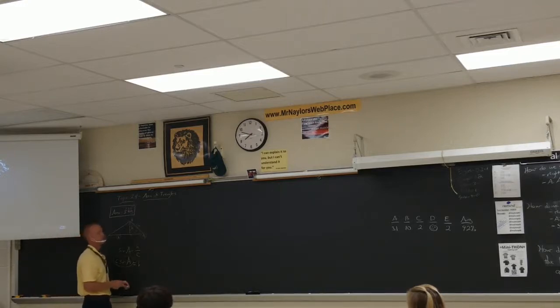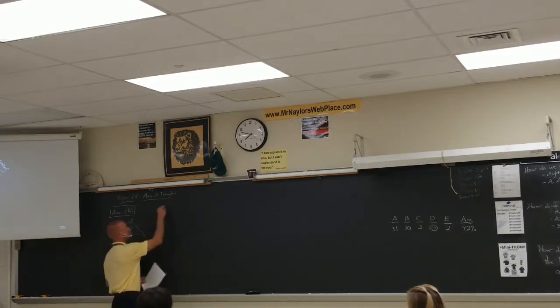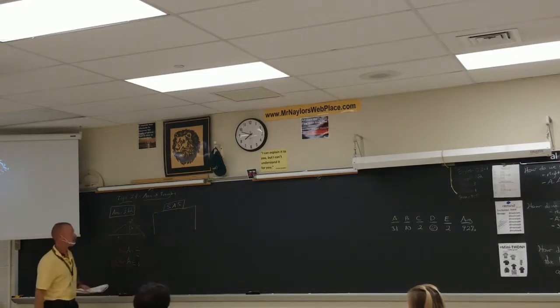And we end up with a new variation. Let me help you get your notes organized before we write it down, because this is going to be the variation for side angle side.